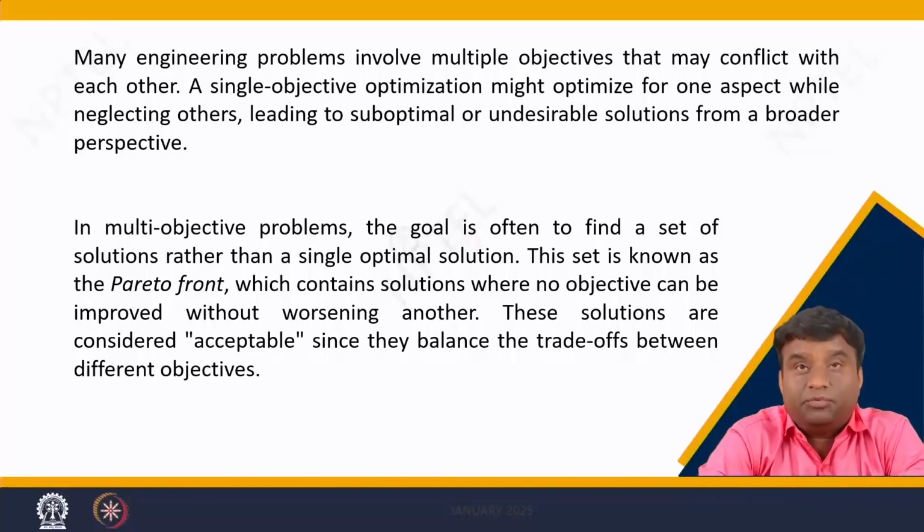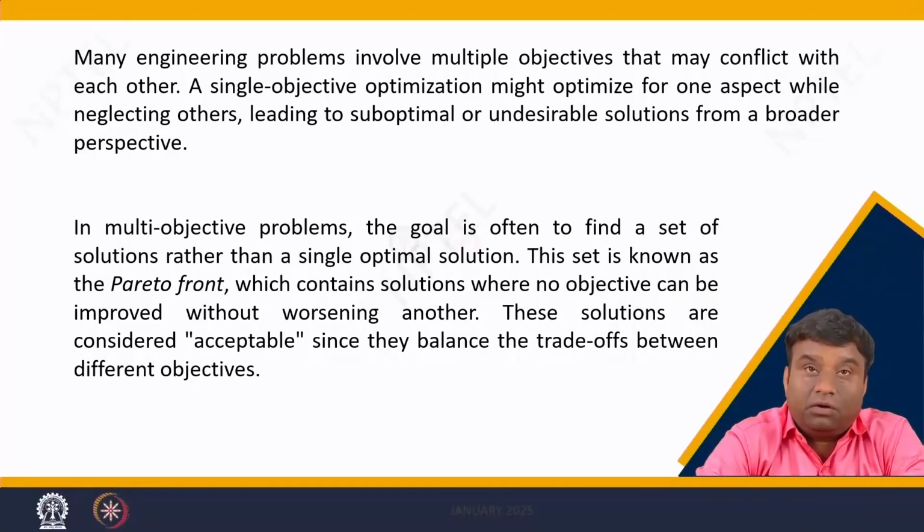So many engineering problems involve multiple objectives that may conflict with each other. Have you seen some examples? A single objective optimization might optimize for one aspect while neglecting others, leading to a suboptimal or undesirable solution from a broader perspective.